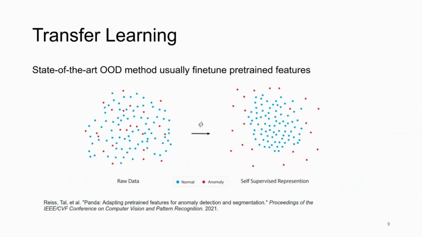But now we want to do even better. We want to use transfer learning from a large network pre-trained, for example, on ImageNet. And we want to take this representation and in some manner make the normal data more dense with respect to the anomalies that we do not get to see during training.